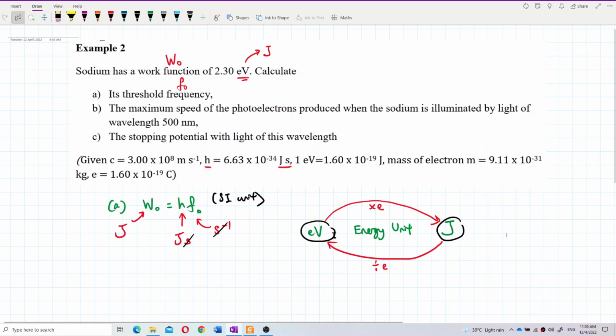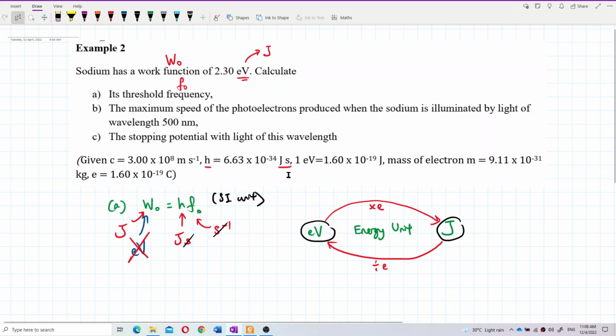You need to first convert the electron volt to joule by multiplying by the electron charge. Once you have the work function in joule, then only can you substitute into this equation. Remember, don't substitute electron volt into it. It's wrong. Use SI unit, joule.